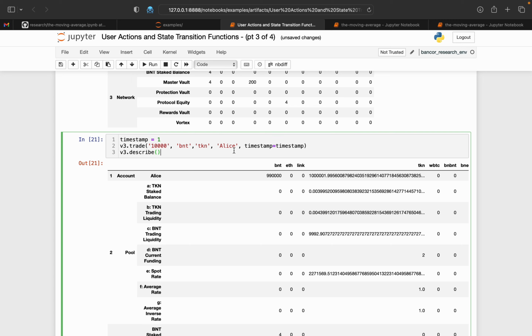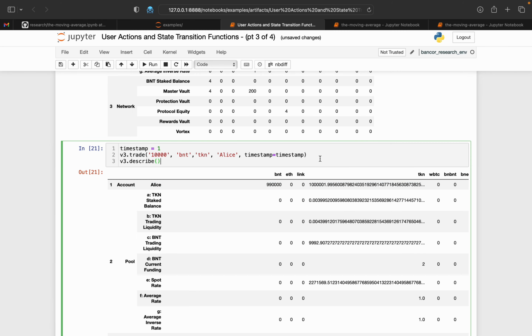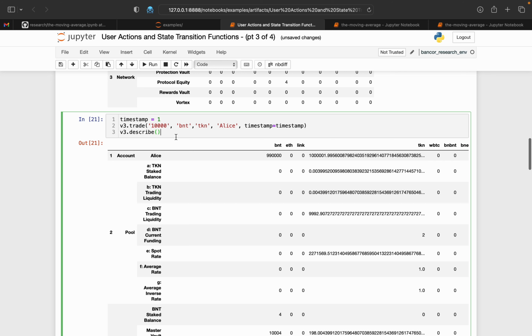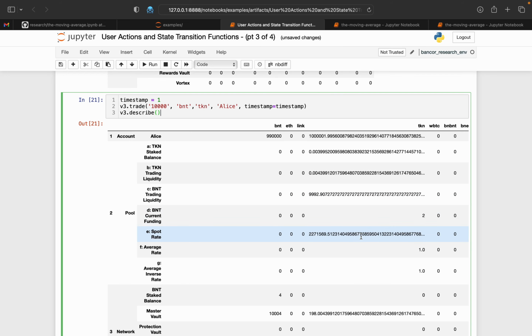So then at timestamp 1, if we have Alice make a trade, I'm just going to cancel that. At timestamp 1, Alice makes a trade for 10,000 BNT, trading BNT to TKN. We can see that these values all start adjusting, and that our spot rate kind of comes way out.